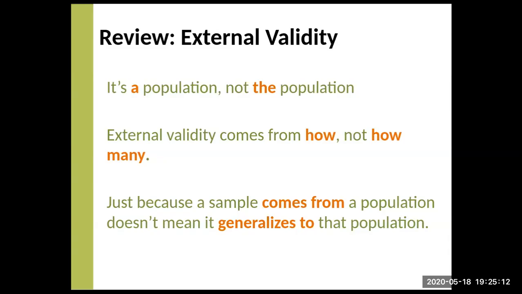So was it a random sample, or was it some sort of convenient sample like a snowball? Remember that just because a sample comes from a population doesn't mean it's going to generalize to that population. And so we just have to keep that in mind as we're going through this.